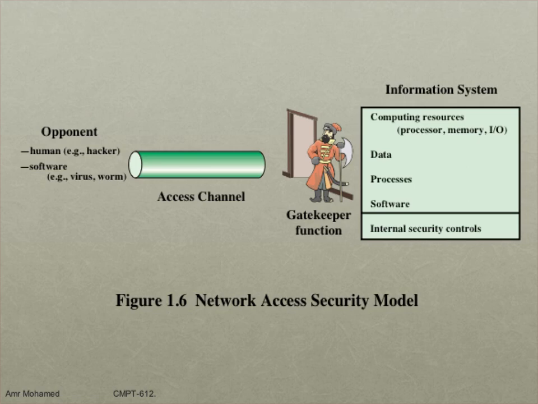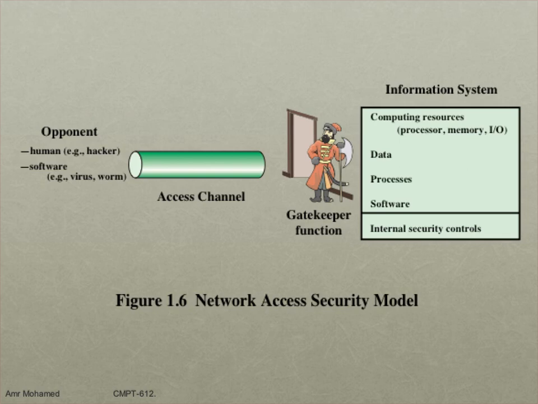So there is actually an opponent and a legitimate user as well. They try to access a particular system through some access channel, right? So this is the gatekeeper that tries to protect the system from illegitimate access and tries to facilitate only legitimate access to the system.